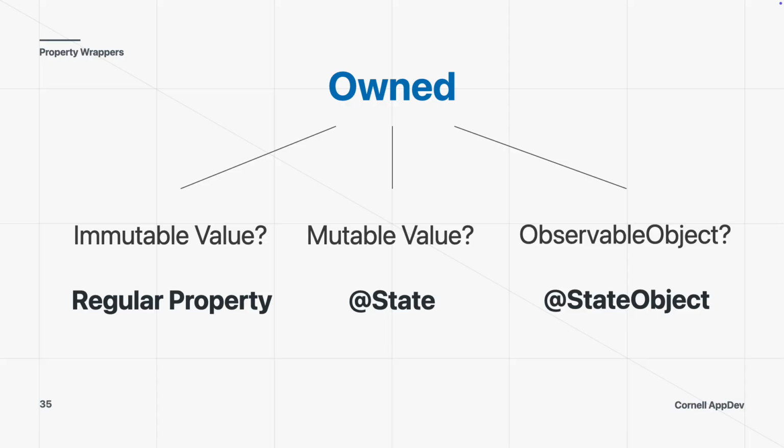This is what you guys are used to, and I believe what we did last lecture. And if we have a mutable value, like a string, an int, whatever, we would use @State to change the value as we previously discussed. And if we have an observable object, we would use @StateObject. So if we have some reference type that we're trying to change the values of, right?